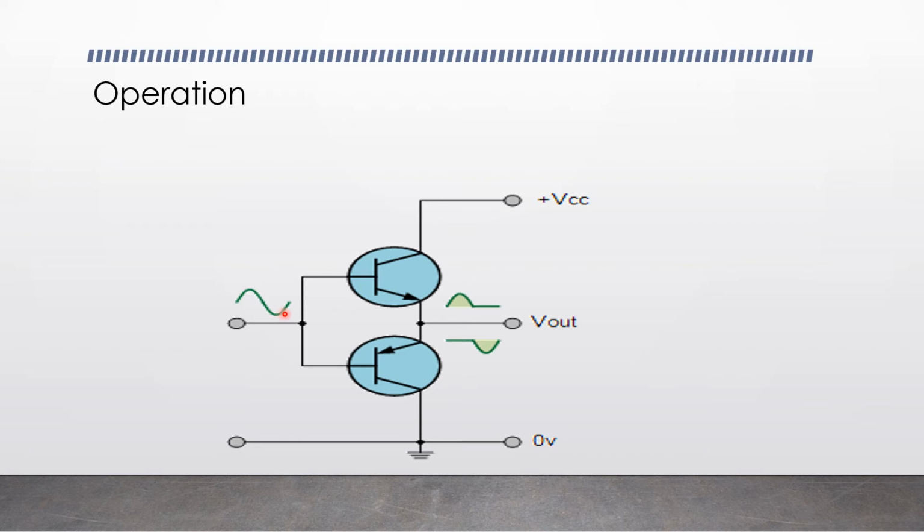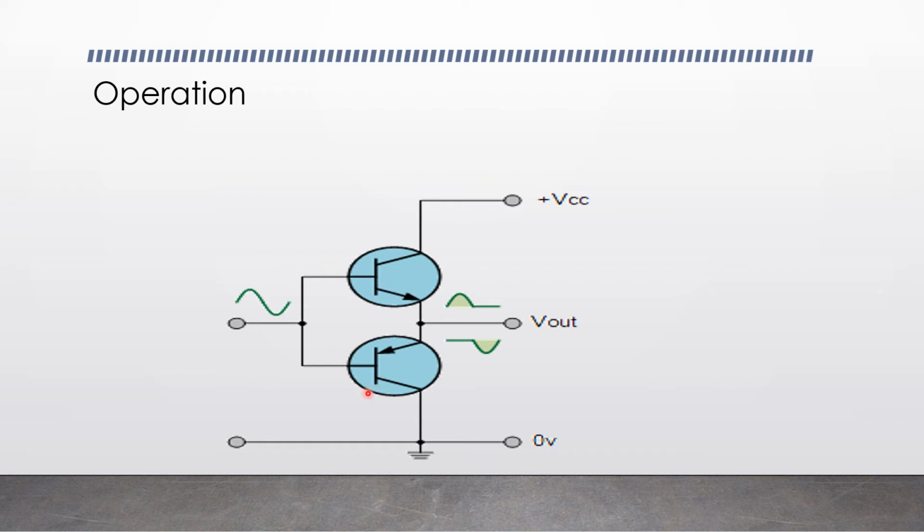This base emitter voltage must be greater than the 0.7 volt forward voltage drop required for a standard bipolar transistor. For silicon it is 0.7 volt. So that's the minimum voltage required to conduct either of these transistors.